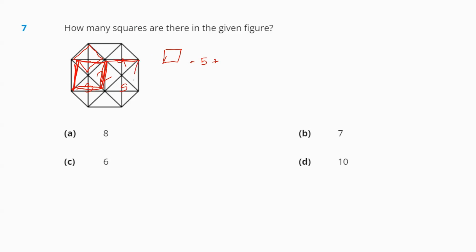This is square number 2. And this is the square number 3. So it is 3. Total number of squares are 8. So A is a correct answer. Moving on to the next question.